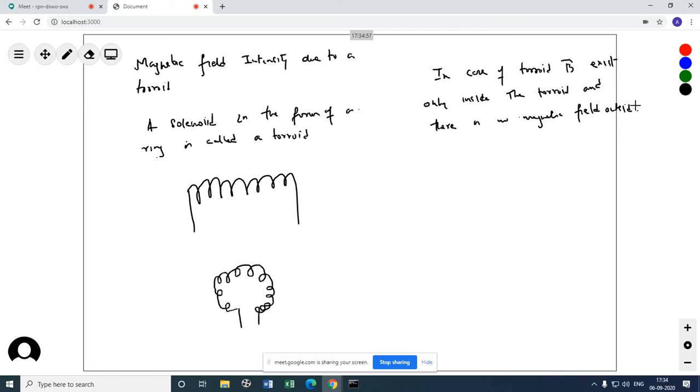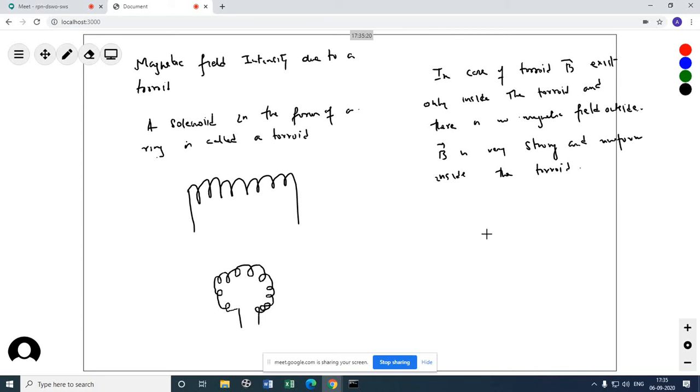Okay. B is very strong and uniform inside the toroid. So what do I mean by this?